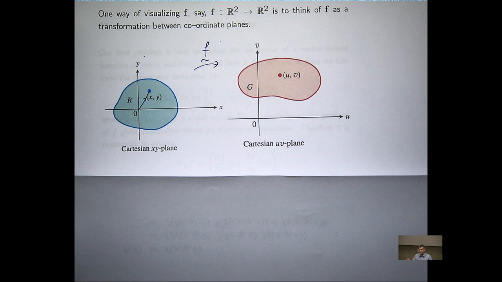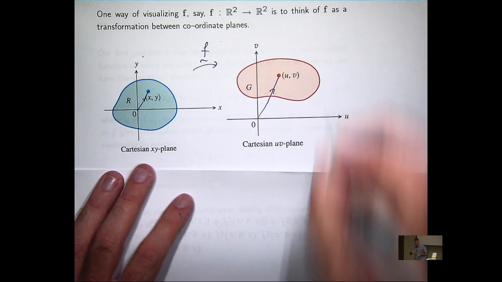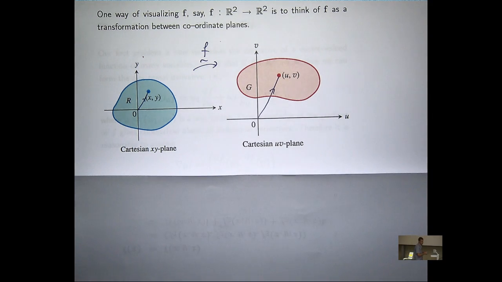F takes that position vector, transforms it to a new plane, and you get a new vector. But even that's pretty hard to visualize. But at least from that rough outline, you get an idea of what's happening, hopefully.